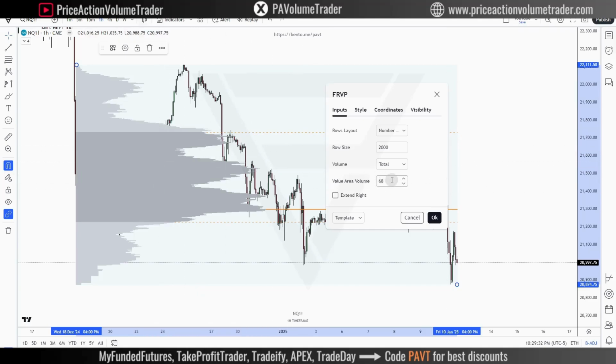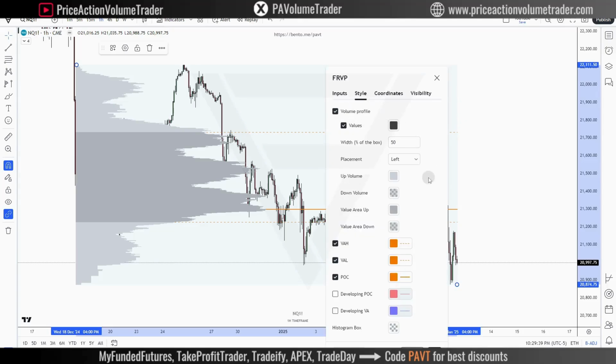Value area, like I said, 68%. And then style, the percentage width is just how wide you want it. And then this is just for the coloring. Up volume is going to be the areas outside of the value area.